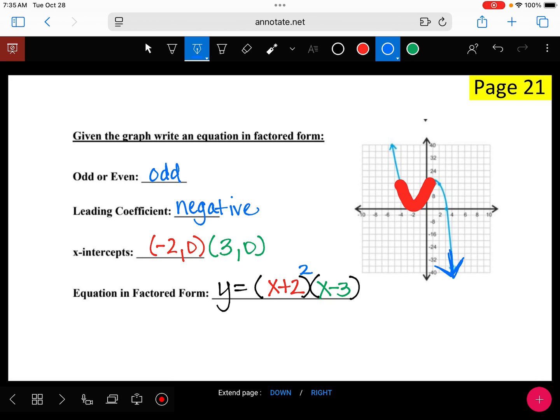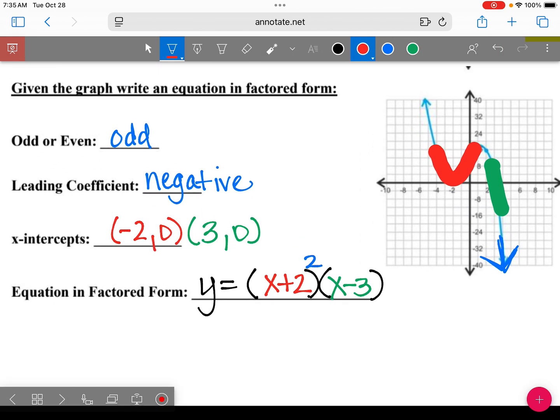Now the second intercept, the graph crosses, so that can stay a 1. And then the last thing is we have to put a negative in front because the leading coefficient is negative. Give myself a little bit more space. So that would be y equals, and then we're going to put that -1 right there.